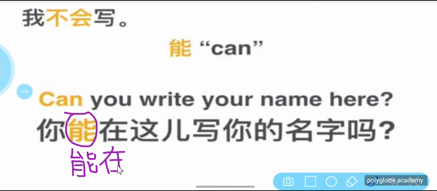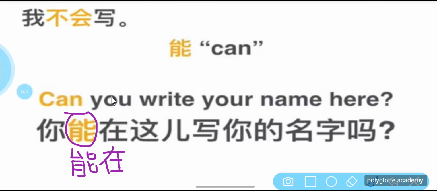We explained zài in the previous lesson. We said zài can mean to be in a place or to be at a place.